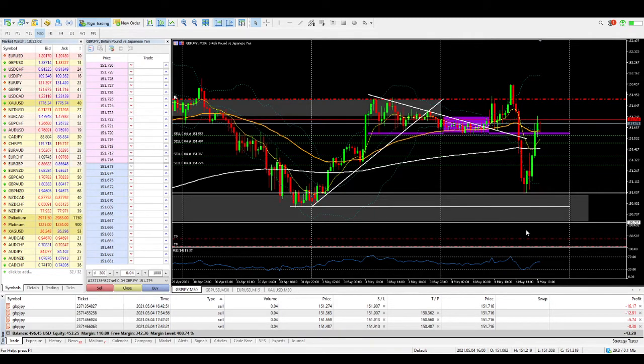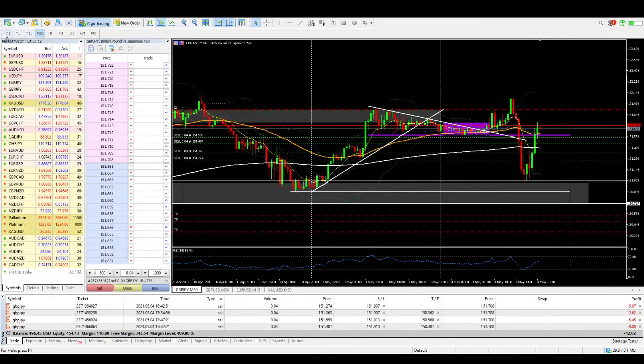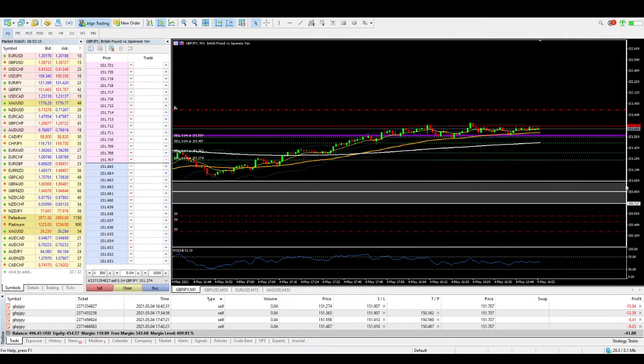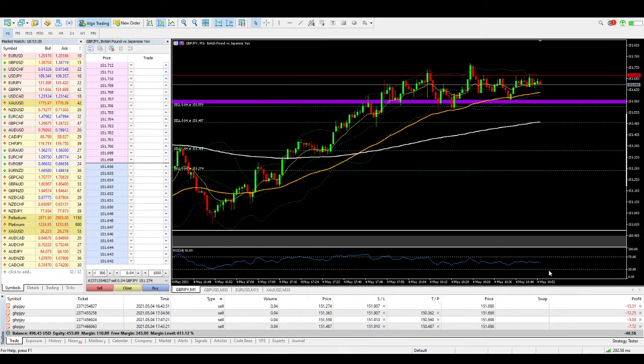I'm trying to see what's the probability of having it come down. My only probability is the 1-minute chart, which is not really helping because right now it's just stagnant. Okay, it's not even going up or down, it's just staying in this area.